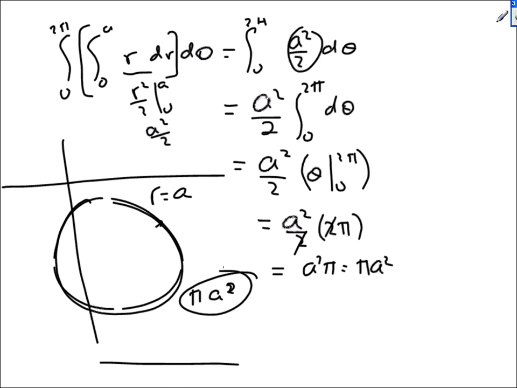If I put the origin right here, is this area going to change just because I move two lines that have nothing to do with the graph from one place to the next? The answer is no. So there's the area of the circle. And if you replace a with r, it's pi r squared.